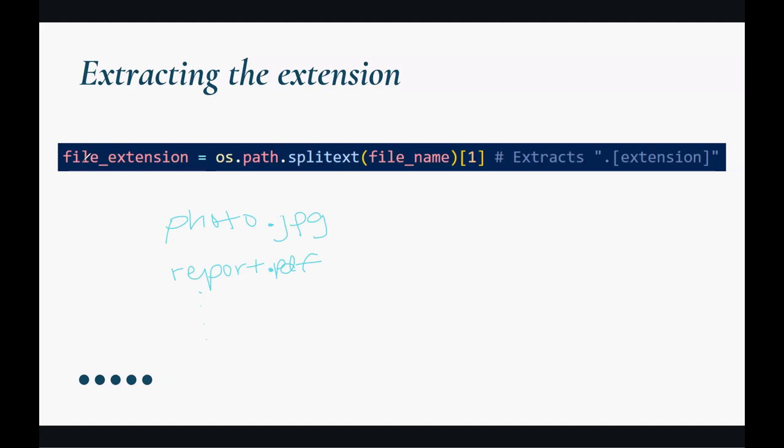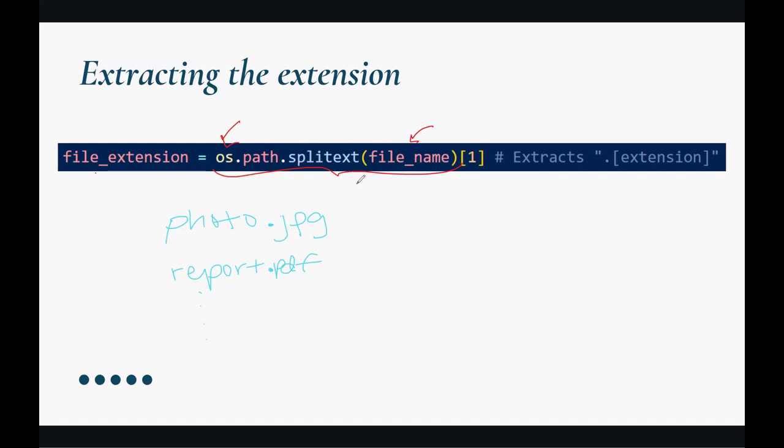What's happening in this line of code is that we are creating a variable called file extension, and that is going to hold the result of the right side of our equal sign here. We're using the operating system module to split the path, which is given via the file name.